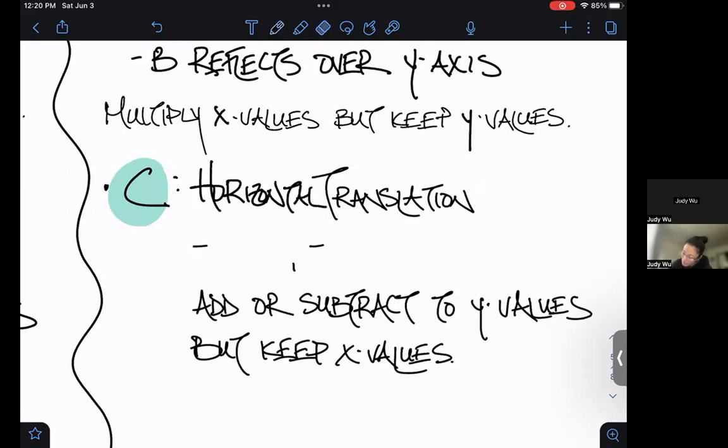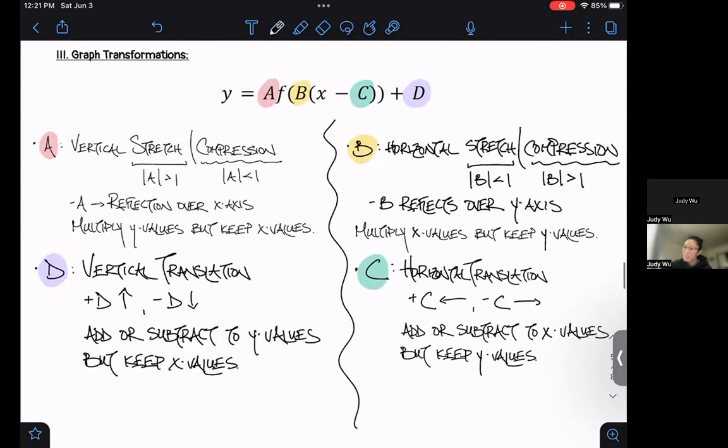All right, instead of the plus and minus D, if I see plus C in the equation, we're going to the left, but a minus C means we go to the right. We are adding or subtracting not to the y values, but the x values, and we are keeping the y values. All right, so this should be a nice summary of what we saw in that video part 3.